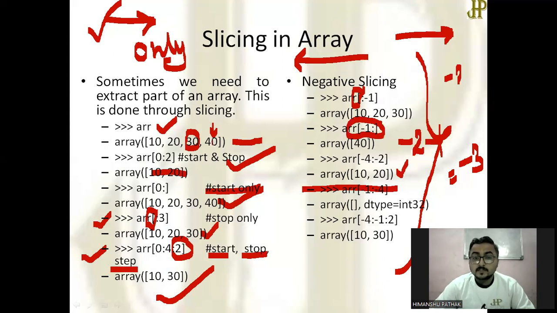So -1 is still 40 and there is no such element other than this. So 40 is printed. Okay. Now here I have given all the three values: -4, colon, -1, colon, 2. So 10, 30 will be printed. So I think slicing is very easy for you.